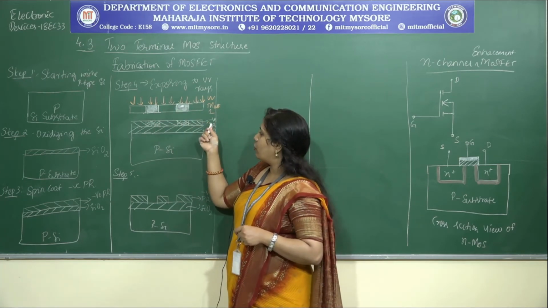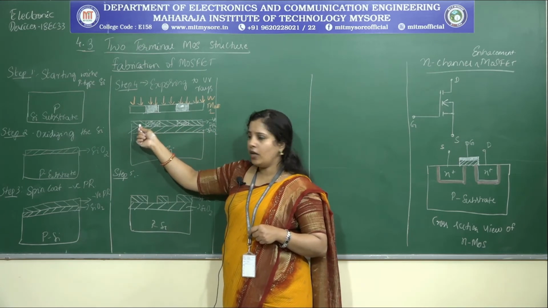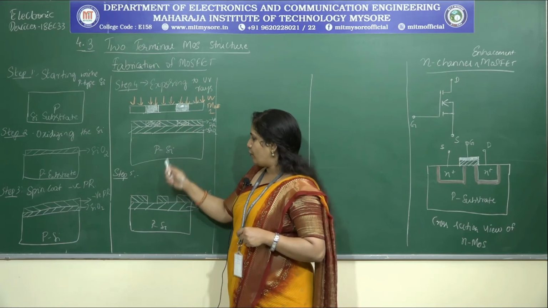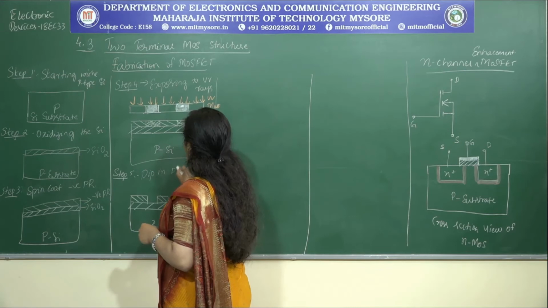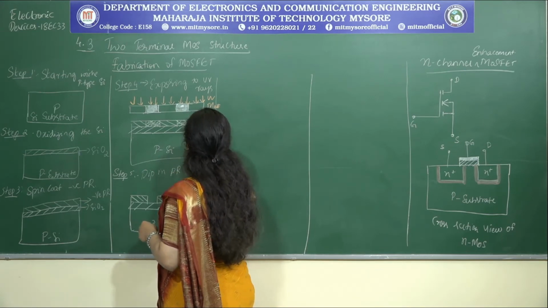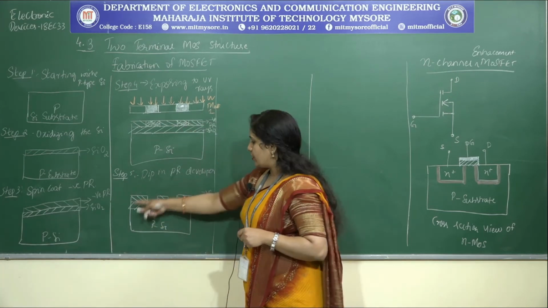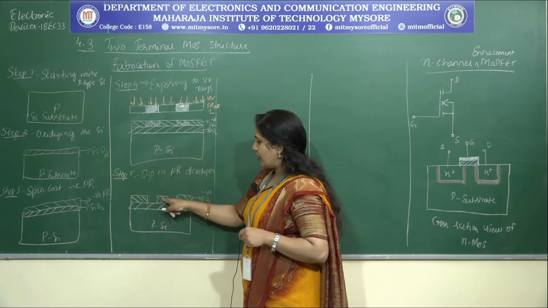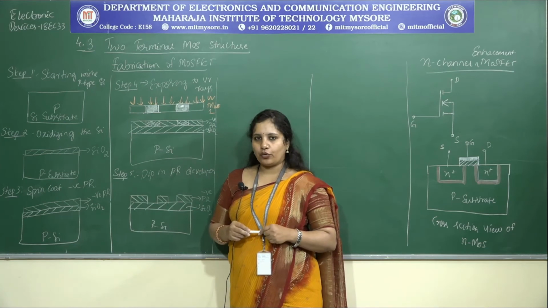We know whenever I am using a negative photoresist, the one which is exposed to light becomes insoluble and the one which is not exposed to light becomes soluble, and therefore dip in PR developer. So once I dip it in the PR developer, the ones which are not exposed dissolve, and the rest are the places where I will be having the negative photoresist.